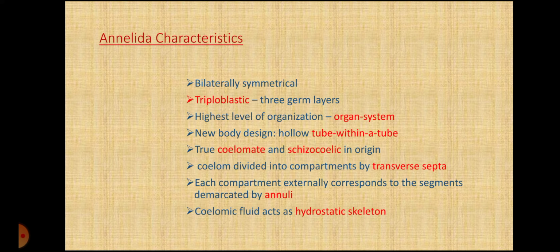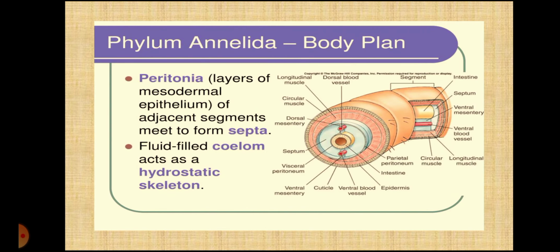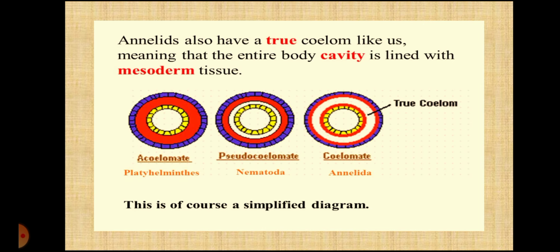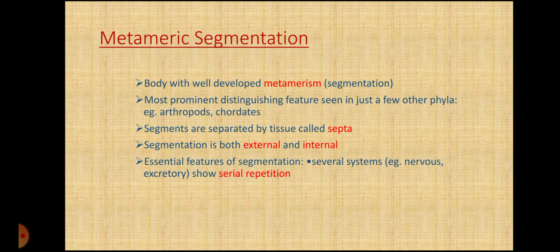Then next is metameric segmentation. The body has well developed metameric segmentation, the most prominent distinguishing feature, seen in just a few other phyla like arthropods and chordates.